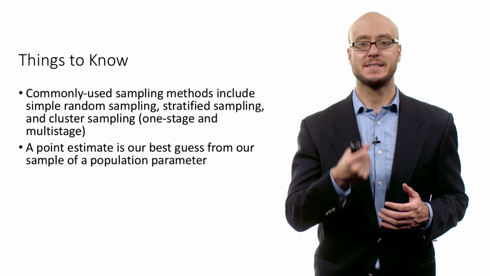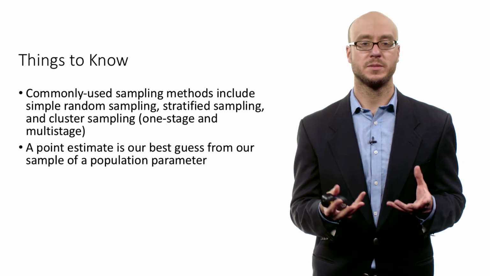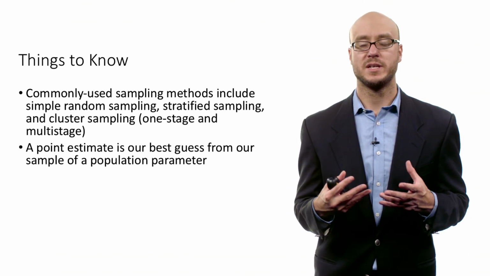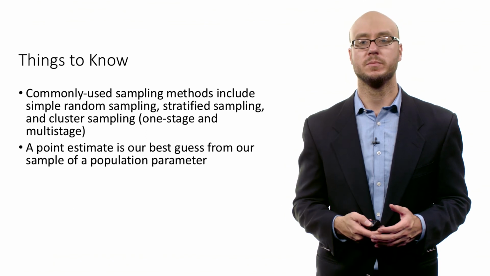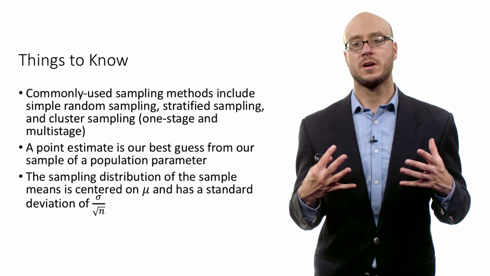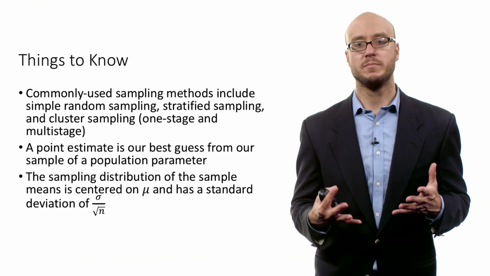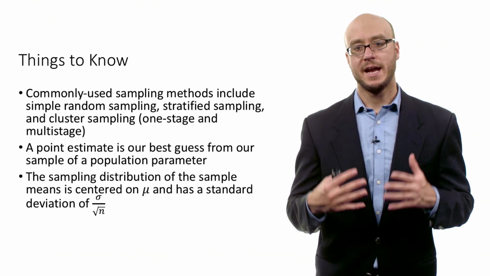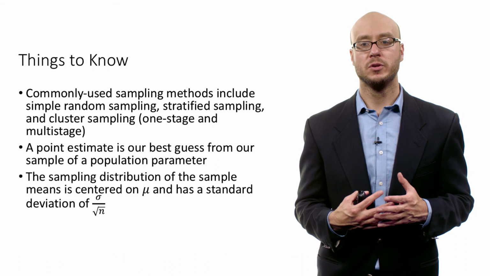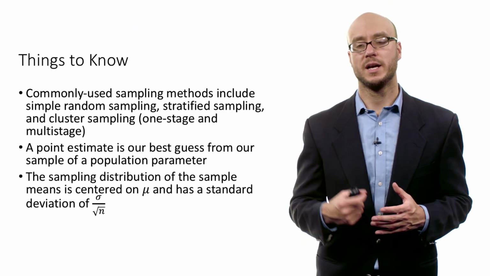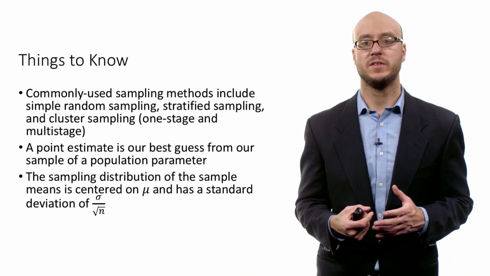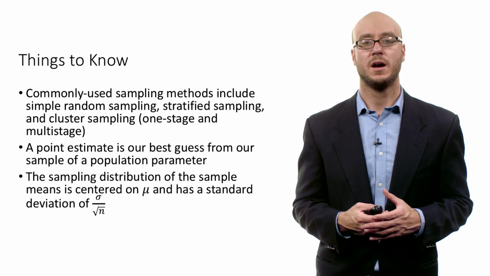So when we collect a sample average from a simple random sample, that's our single best guess for the population mean. Then we also covered the sampling distribution. The sampling distribution is roughly mound-shaped and symmetric, it's centered on the population mean mu, and it has a standard deviation given by sigma, the population standard deviation, divided by the square root of our sample size. And with that, we will conclude our discussion of sampling procedures and the sampling distribution.